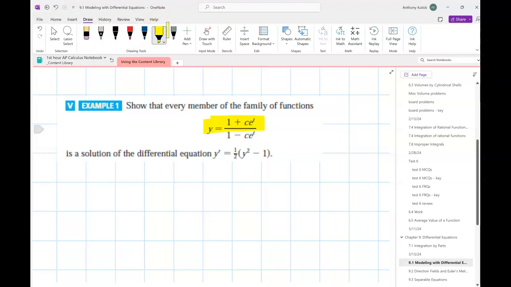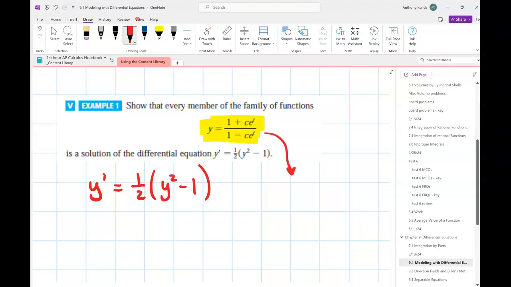So this is my y, right? The first thing I'm going to do is calculate y prime.